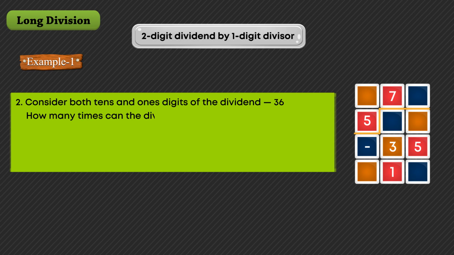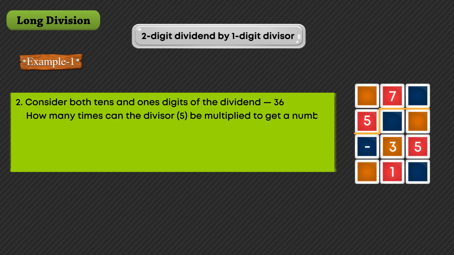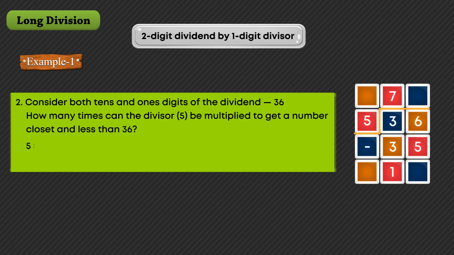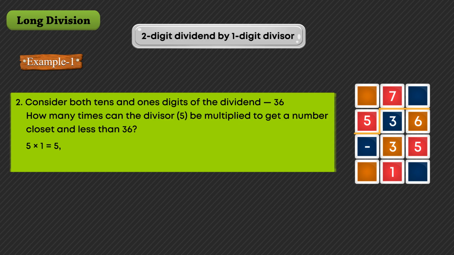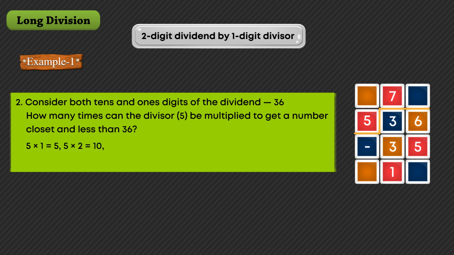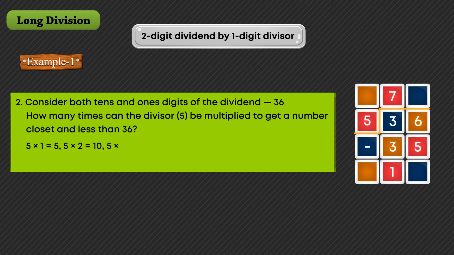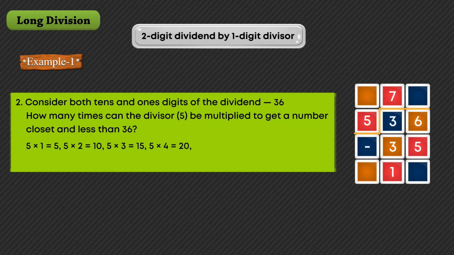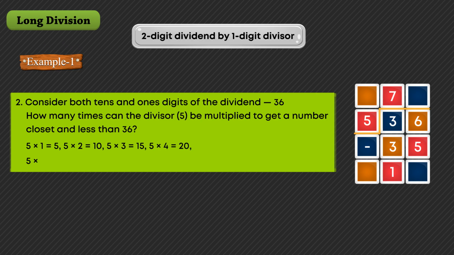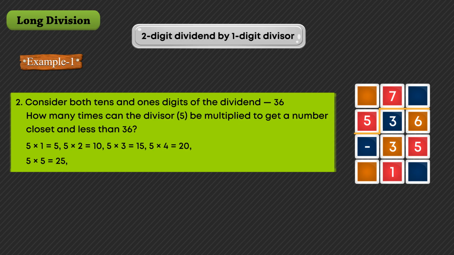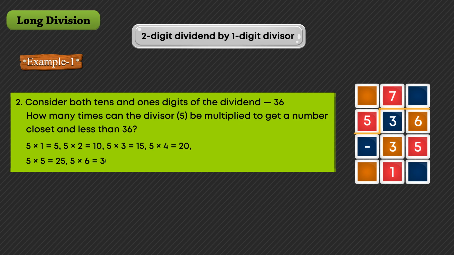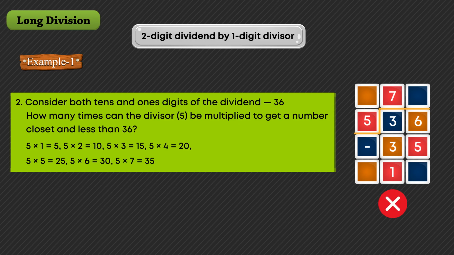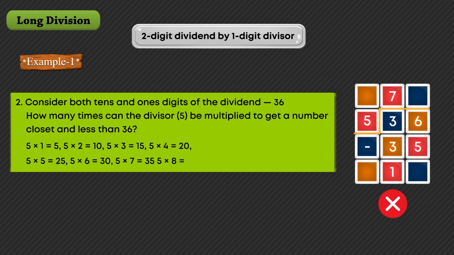How many times can the divisor 5 be multiplied to get a number closest to and less than 36? 5 into 1 is equal to 5. 5 into 2 is equal to 10. 5 into 3 is equal to 15. 5 into 4 is equal to 20. 5 into 5 is equal to 25. 5 into 6 is equal to 30. 5 into 7 is equal to 35. 5 into 8 is equal to 40.